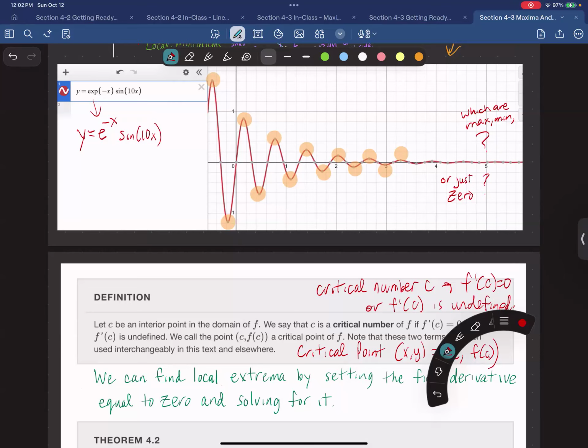So we can find local extrema by setting the first derivative equal to 0 and solving for it, and finding where f prime of x is undefined.